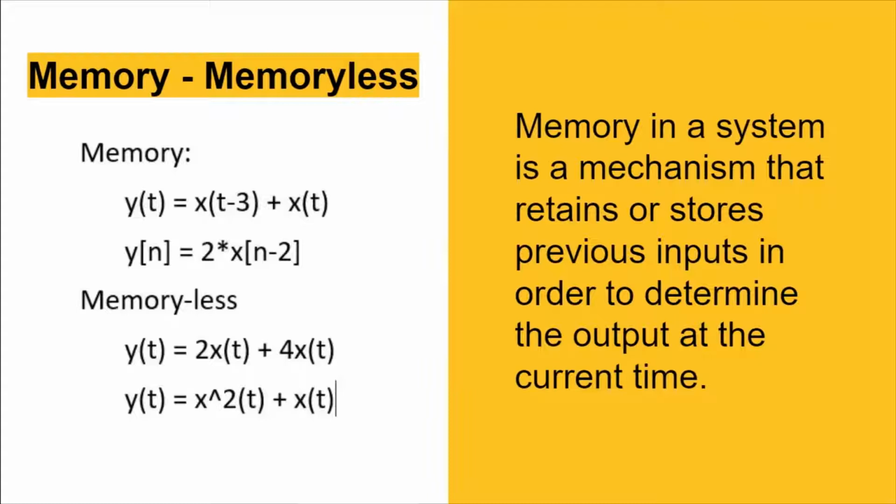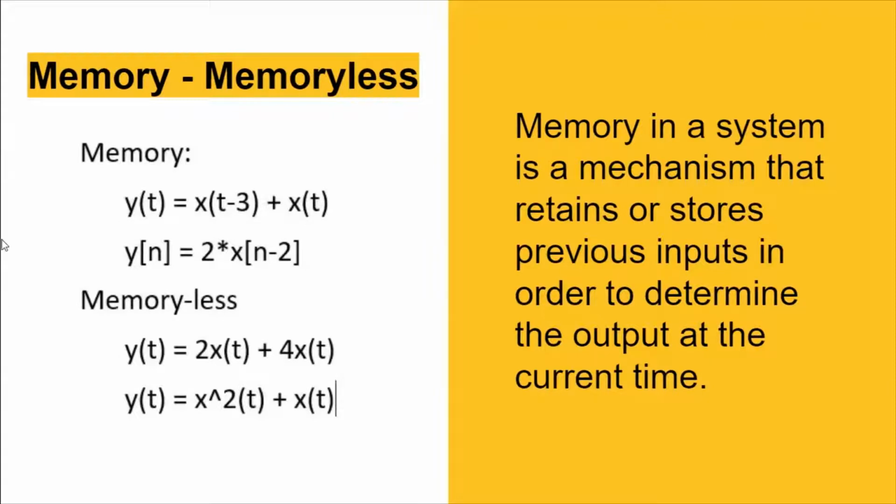If it was a memoryless system, it would only use the current t. But x of t minus 3 wants the x value 3 earlier, that could be 3 seconds or 3 milliseconds earlier, whatever. It's requiring a previous value, so this system has to have memory. It has to be storing all of the values of the signal.